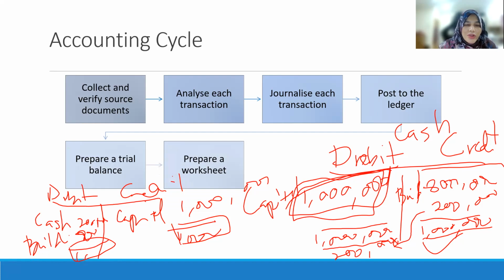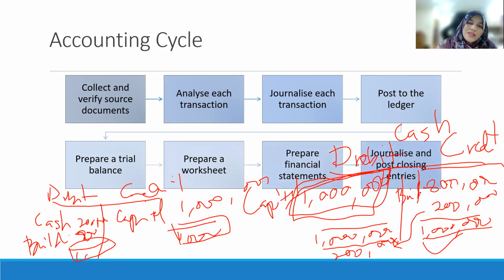Then from the trial balance, we have to prepare the worksheet, which means we start preparing the financial statements. When the financial statements are prepared, of course, three types will be prepared: the statement of financial position, the statement of comprehensive income, and the statement of cash flow. After that, we will do the post-closing entries.